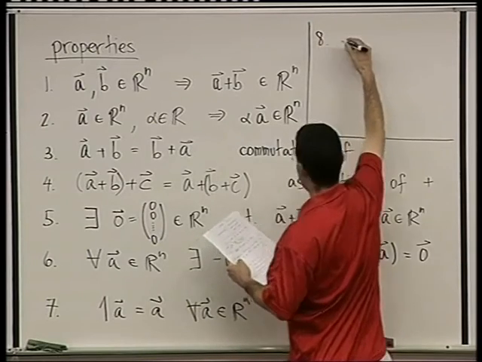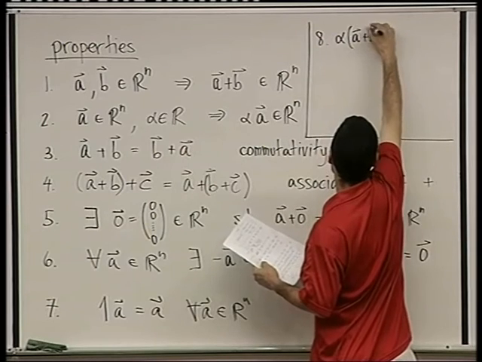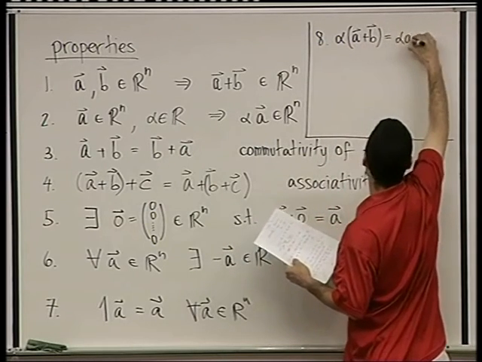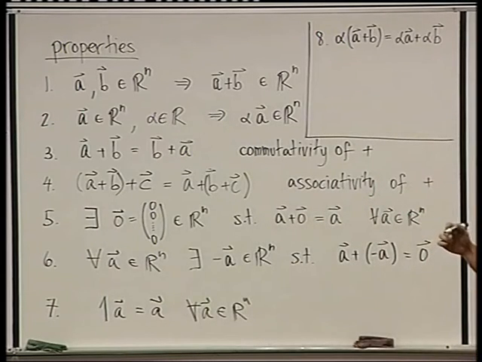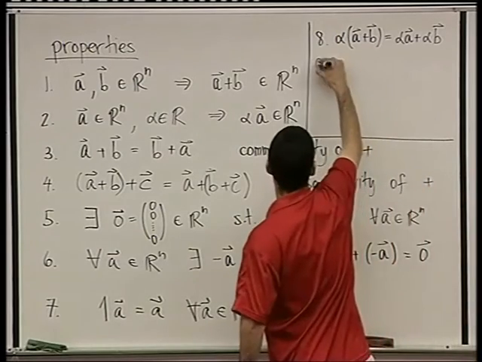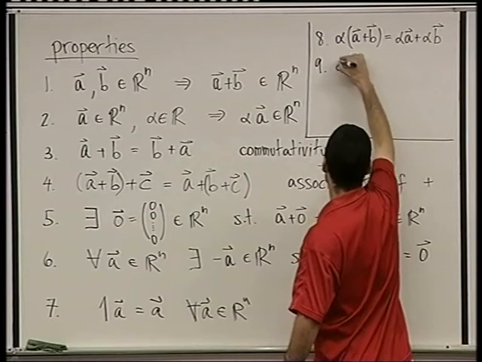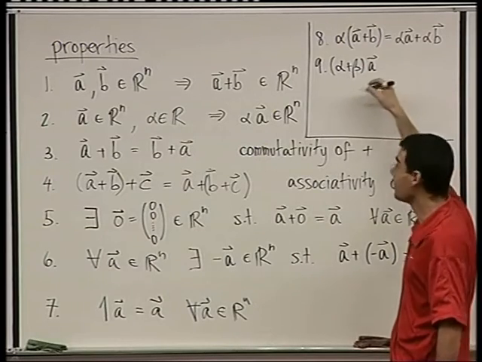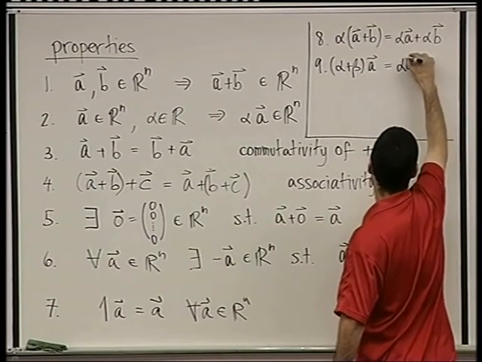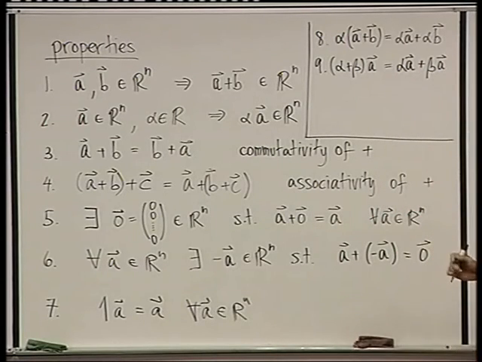So property number 8, alpha times (a plus b) equals alpha a plus alpha b. What would you call this property? Right, distributivity. And 9 is going to be that (alpha plus beta) times a vector a, now we're adding scalars and multiplying them by a vector, equals alpha a plus beta a. What would you call this property?